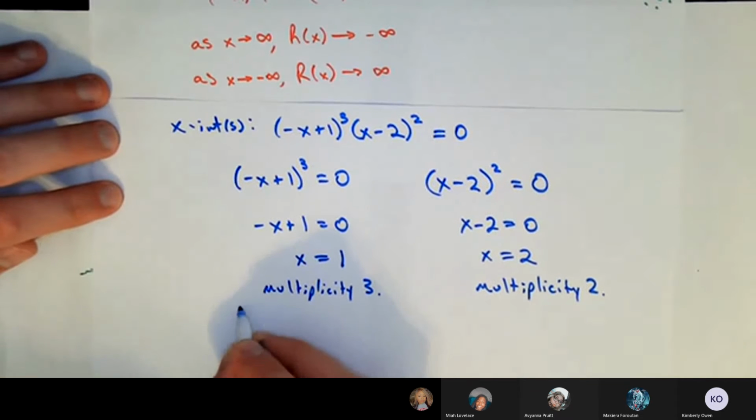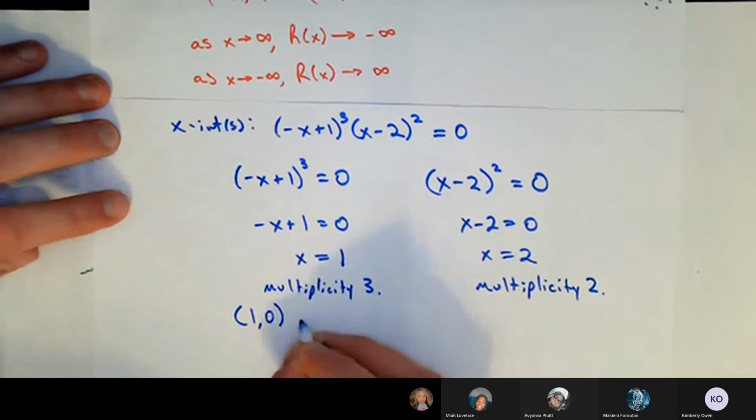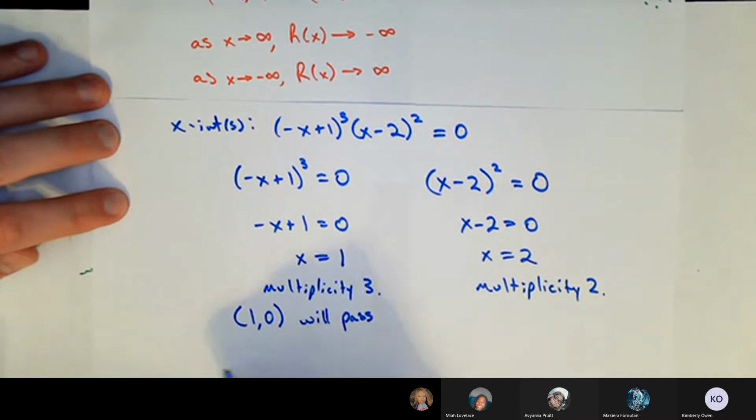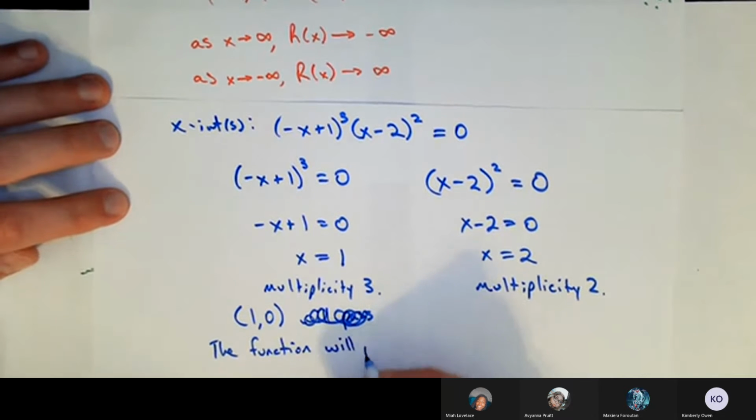So that means for these x-intercepts, at 1, 0, the function will pass through, kind of like a normal x-intercept.